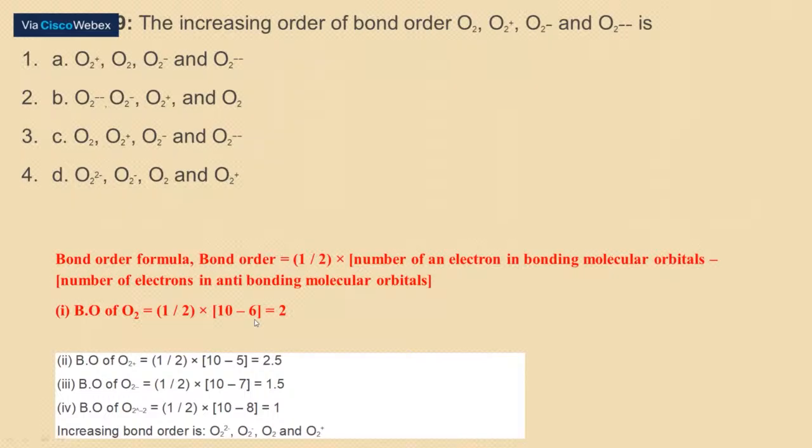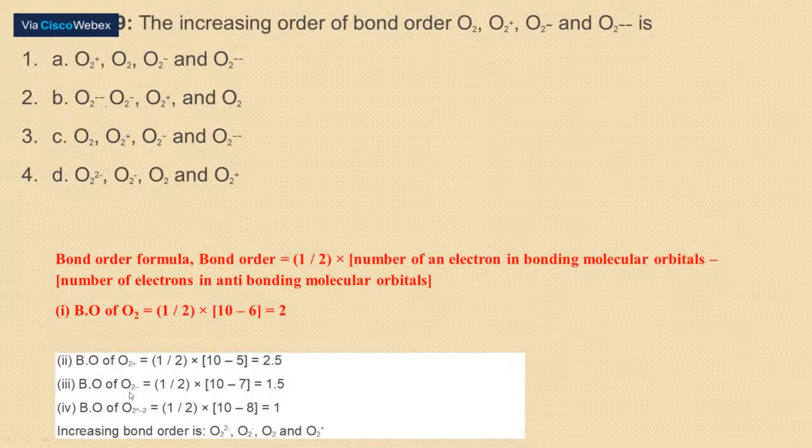When you remove 1 electron, you replace the 6 by 5. The formula is fixed, 10 minus the remaining electrons in the antibonding molecular orbital, which is 5. If you substitute, you get the bond order as 2.5.